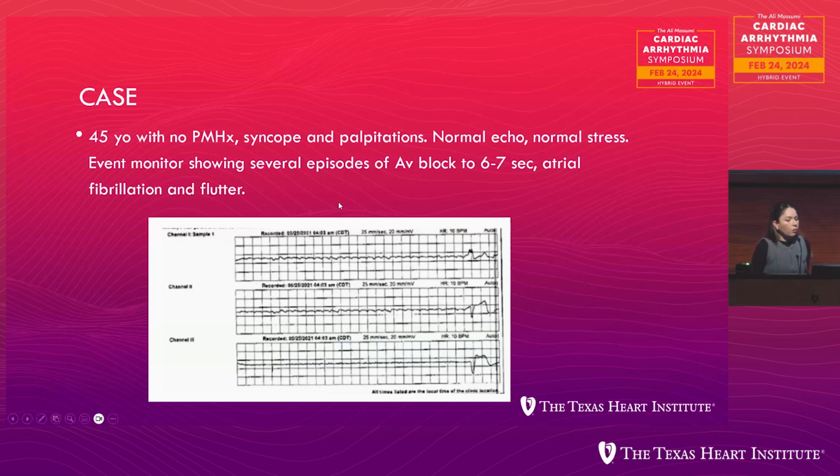And so we chatted about this. I said, listen, I've never done this, but I can try and see if that works. If it doesn't, I'll just put a pacemaker on you, right? And the patient was like, I absolutely don't want a pacemaker. He was an athlete. He did not want to even remotely consider a pacemaker, but he was having syncope and palpitations as well from the periods he went into atrial fibrillation.